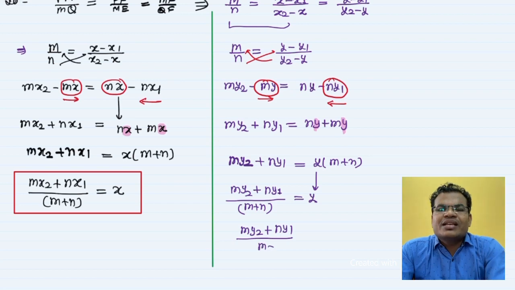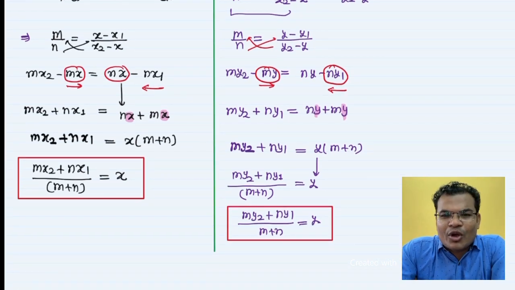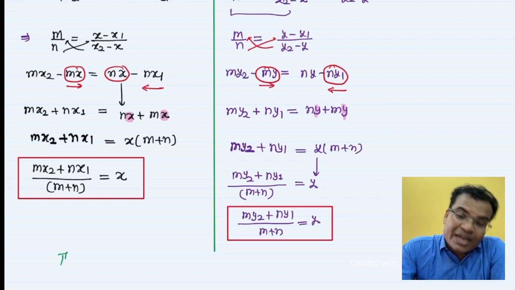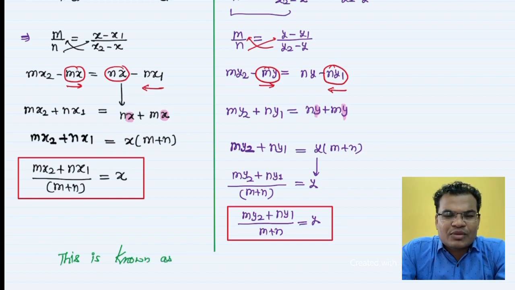So guys, these values of x and y are the coordinates of point M. By the section formula we generally find the coordinates of the point which divides the line segment, so the coordinates will be x and y. This value of x and y is known as the section formula.